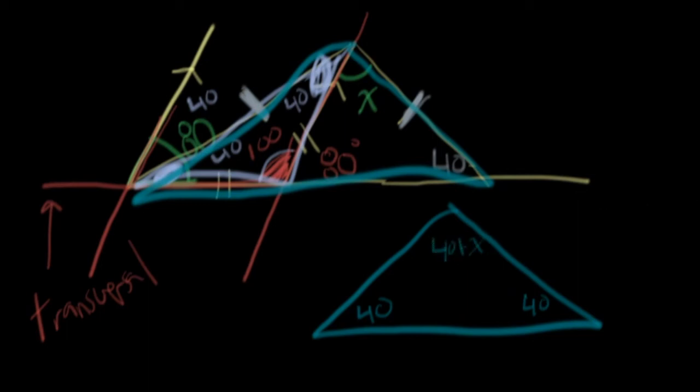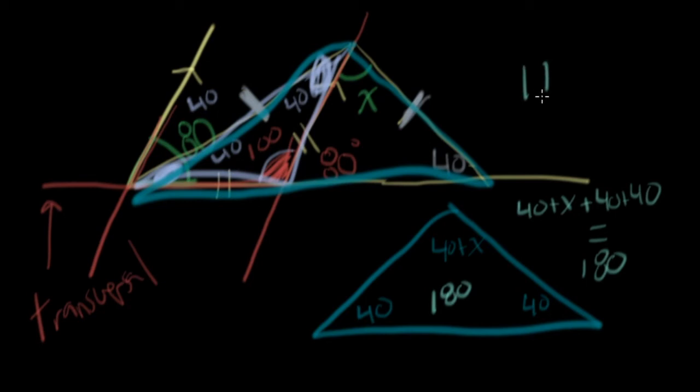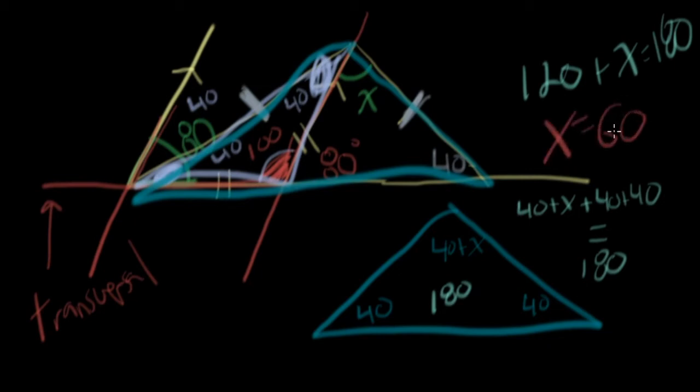Well, we know the entire triangle has to equal 180. So we get 40 plus x plus 40 plus 40, and that all has to equal 180. So 120 plus x is 180, so x will be 60. Pretty cool question, using a lot of different things at once.